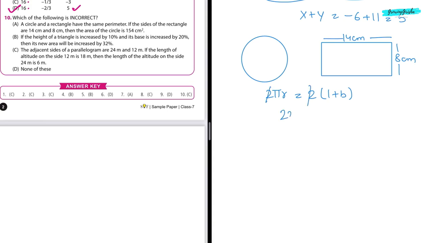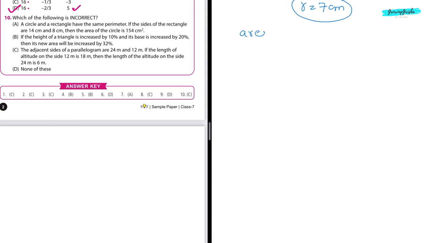Cancel out 2. 22 by 7 into radius is equal to length plus breadth, 14 plus 8. Radius is equal to 14 plus 8 is 22. And 22 upon 7 will go to the RHS and will become 7 upon 22. 22 cancel, that means radius is 7 centimeter.